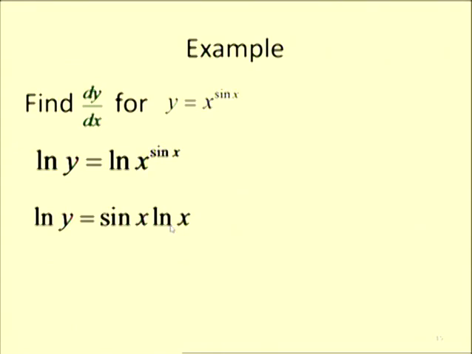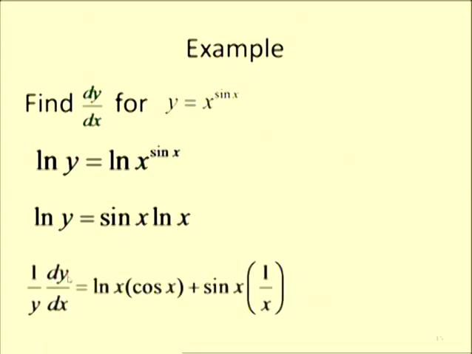Once again differentiating log y with respect to x, we have derivative of log y with respect to y first, that is 1 upon y, into dy by dx, that is derivative of y with respect to x. And here on the right hand side we have a product of two functions, that is sine x and log x.